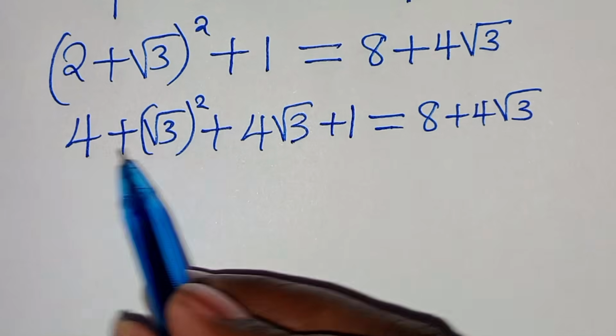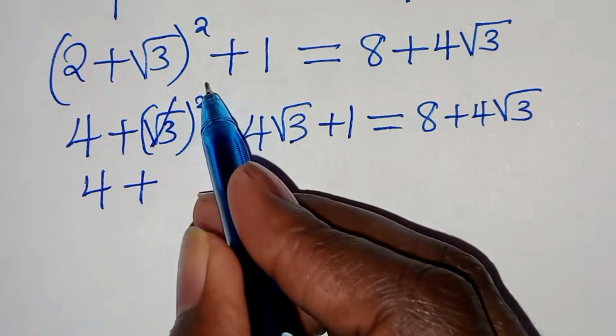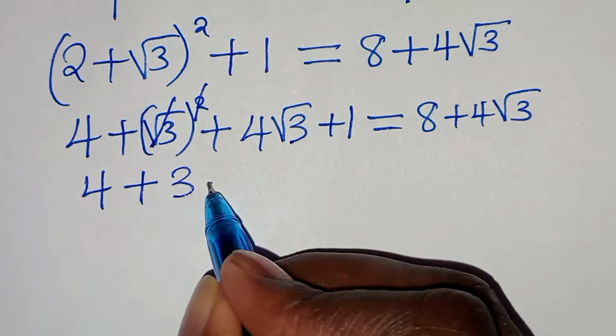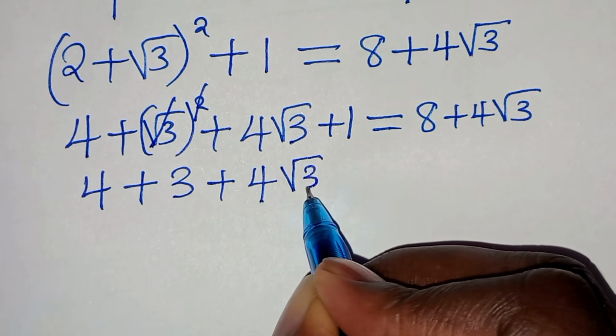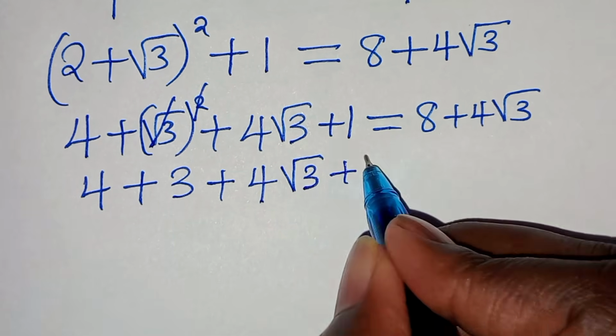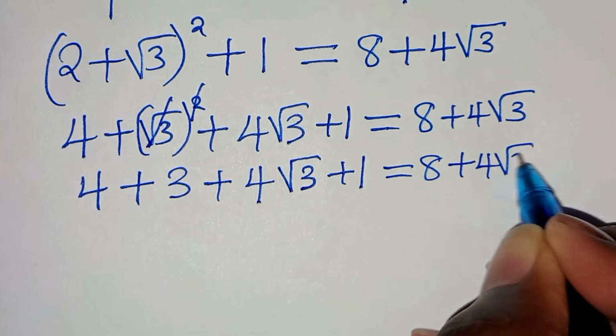Now we have 4 plus, let's eliminate the square root sign here, so plus 3, then plus 4 square root of 3, then plus 1, this is equal to 8 plus 4 square root of 3.